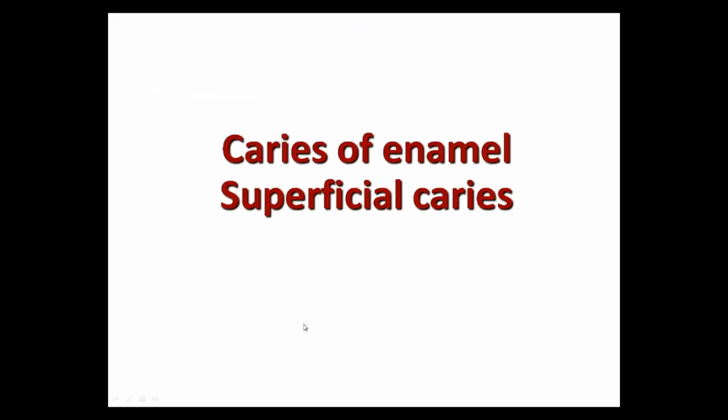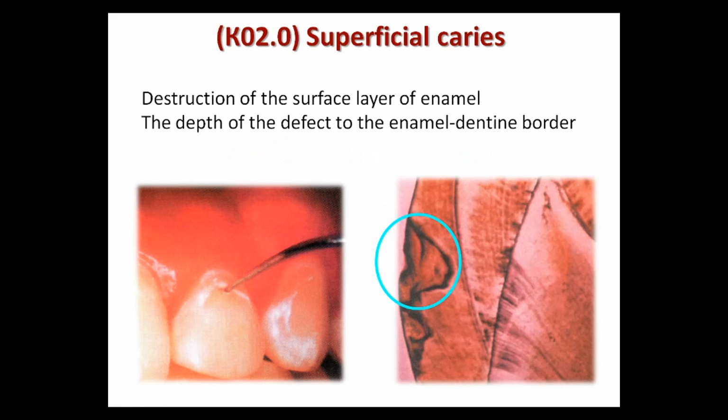The next part of the lecture is caries of enamel, superficial caries. It's also caries of enamel, but with damage of enamel. It also corresponds to the code K02.0, but it is called superficial caries, caries of enamel.